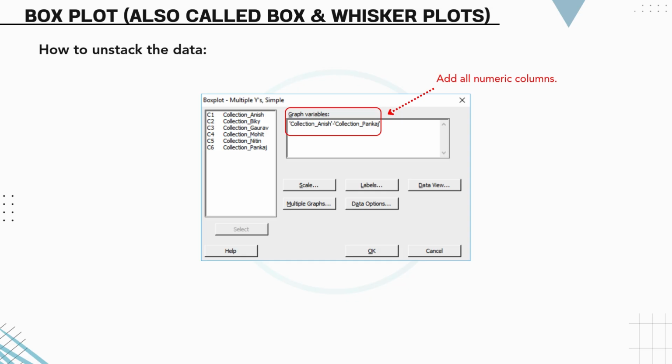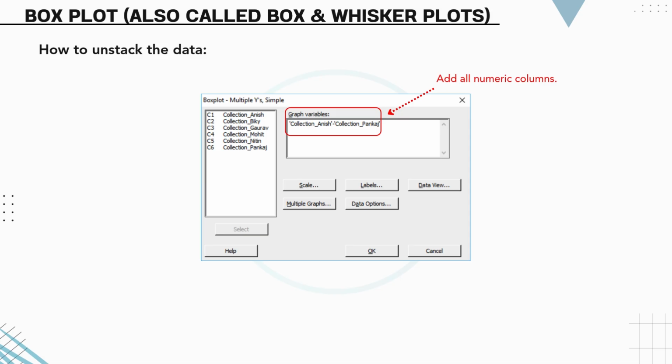In the box plot, multiple-wise, simple dialog, you must select all the numeric columns that you want to compare. These columns are then added to the Graph Variables box. As indicated here, all team-specific collection columns from collection Anish to collection Pankaj have been selected.